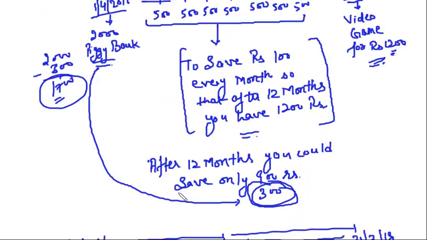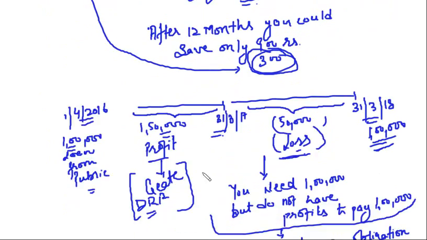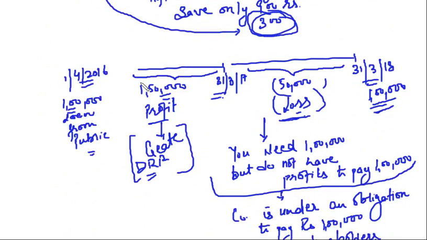Here the intention is similar to saving 100 rupees every month so that you have 1200 rupees. Save some part of the profits as DRR, so that if you are not able to meet the obligation of debenture redemption, you can use this money of DRR.